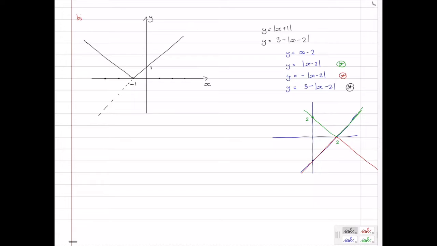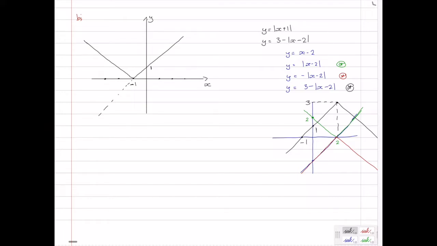So that's just shifting the y value of everything by 3. I'm adding 3 to the y value. So that means everything gets shifted up by 3. And so I end up getting this. Okay, so this point here would be 3 and 2, and this intercept here would be 1. This one here would be -1.